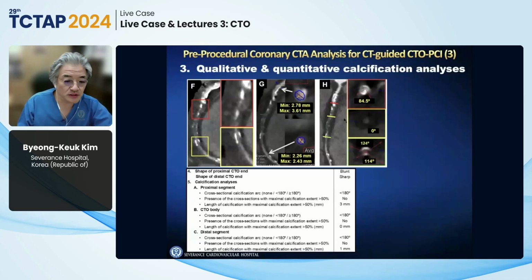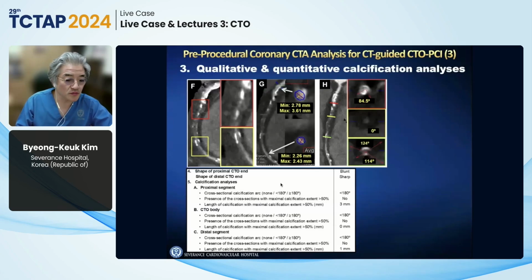First, a quantitative calcification analysis was conducted by dividing the CTO segment into three portions: the body, proximal segment, and distal segment. Subsequently, the arc of cross-sectional calcification was assessed, along with determination of the presence or absence of a cross-section with maximum calcification extent greater than 50%, and the length of calcification with maximum calcification greater than 50%.